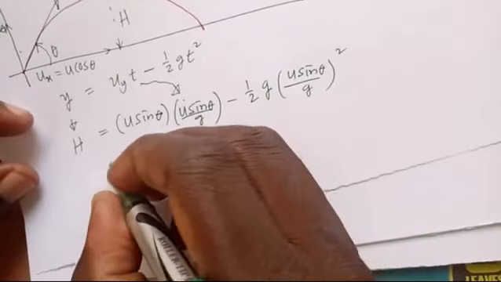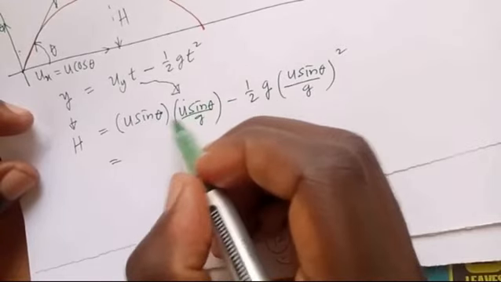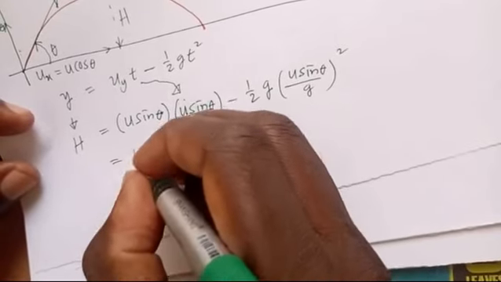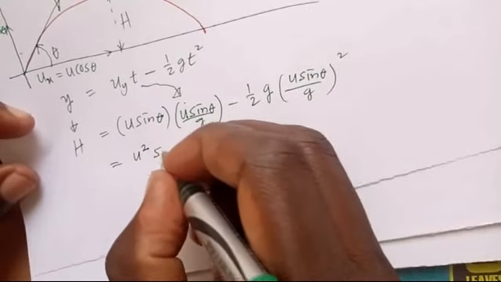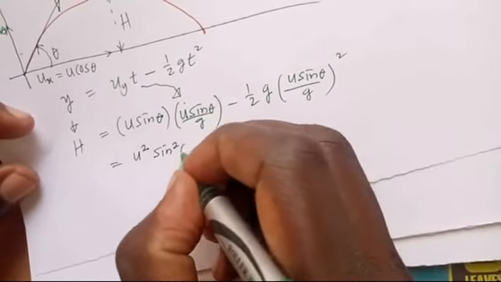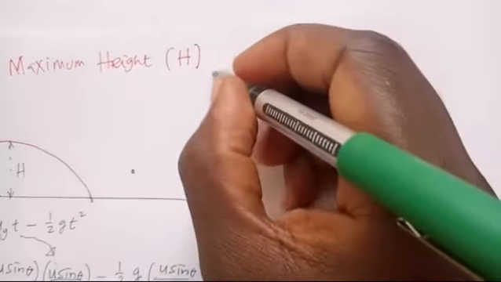Okay, this is equal to, you have u and you have u here, so u by u is u squared, and then you have sine theta and sine theta. This is sine squared theta.